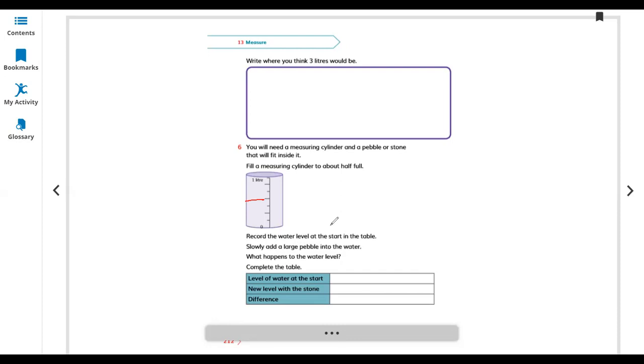Record your water level at the start in the table. Slowly add a large pebble into the water. What happened to the water level? Obviously, when you put the pebbles, pebble means small pieces of stone, in the water, the level of water grows up, like the story of the thirsty crow.